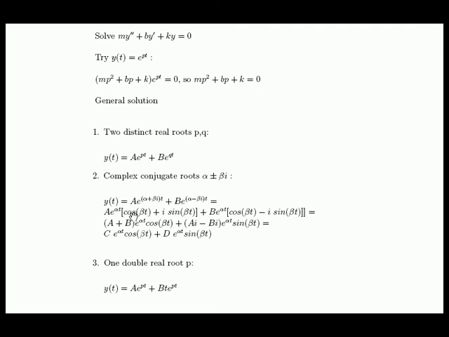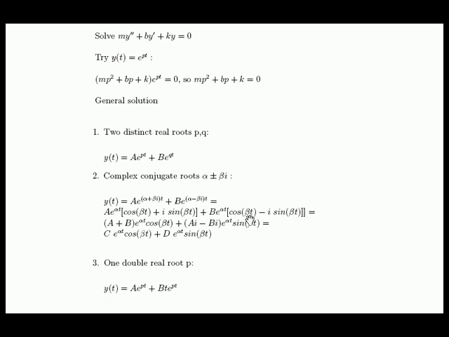And well, we use Euler's formula, just like in section 3.4, e to the alpha t times e to the beta t i. And by Euler's formula, that's cosine beta t plus i sine beta t. And then here, same thing, except e to the alpha t, e to the minus beta t i. And that is Euler's formula applied to minus beta t i.